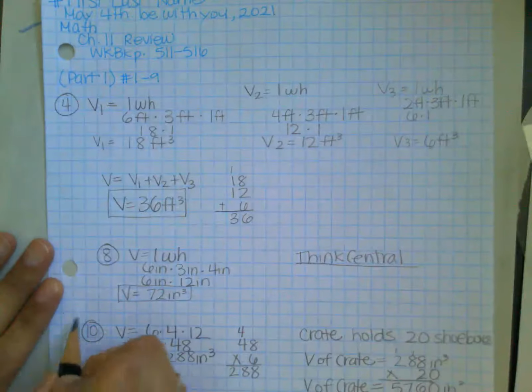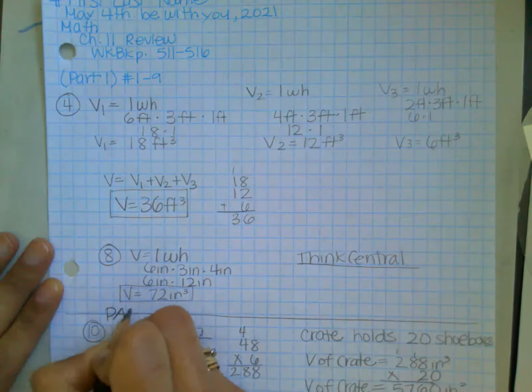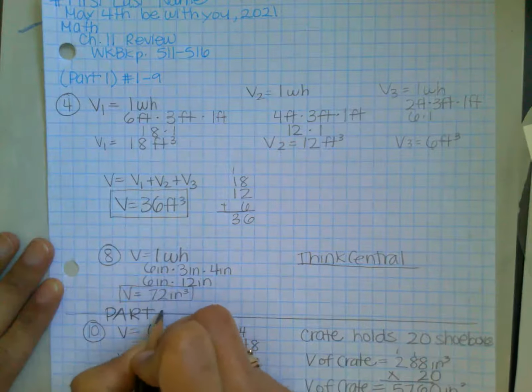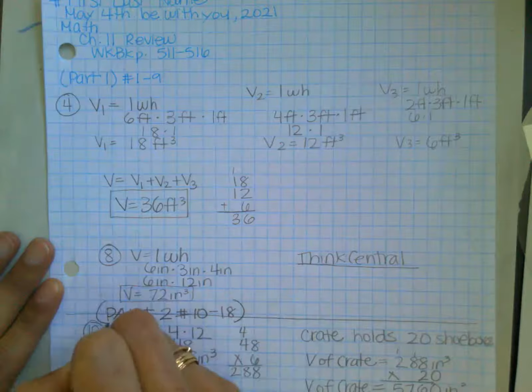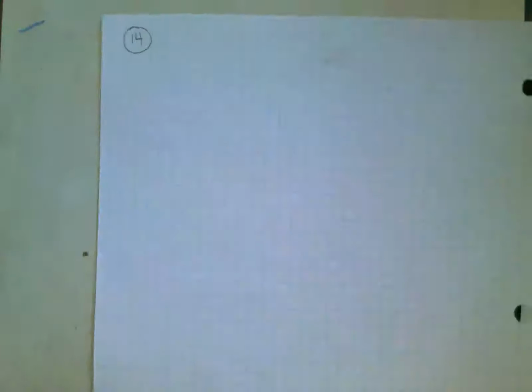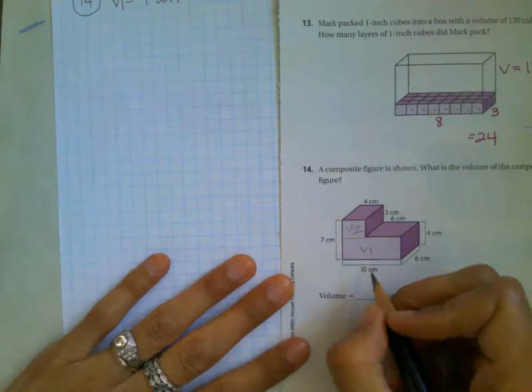Right here, this is part 2. Numbers 10 through 18. All right, number 14. Volume 1, length, width, height. So here's my figure.